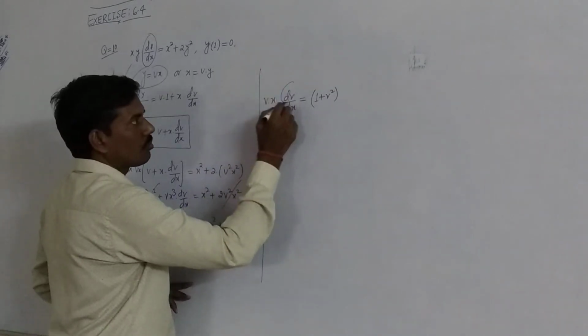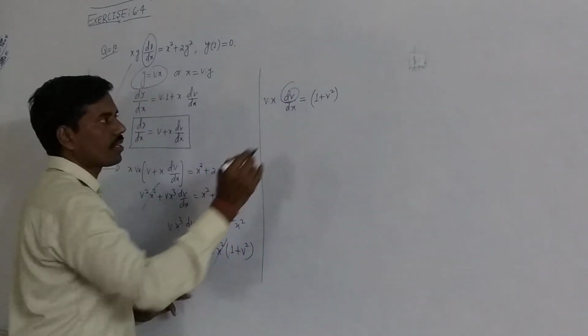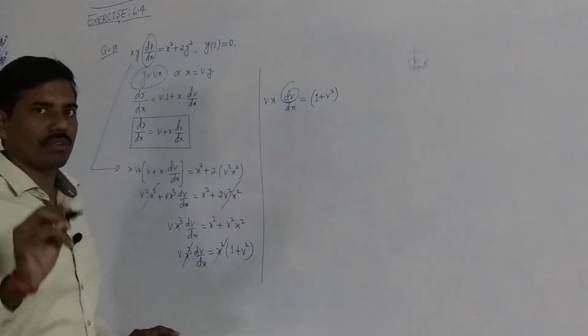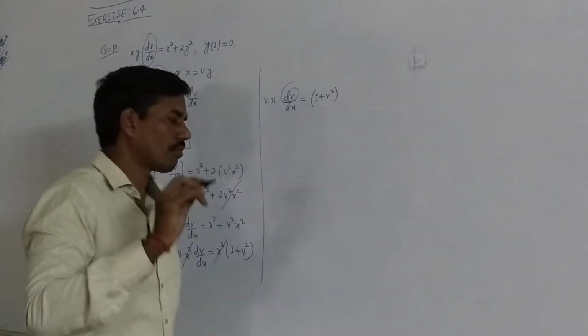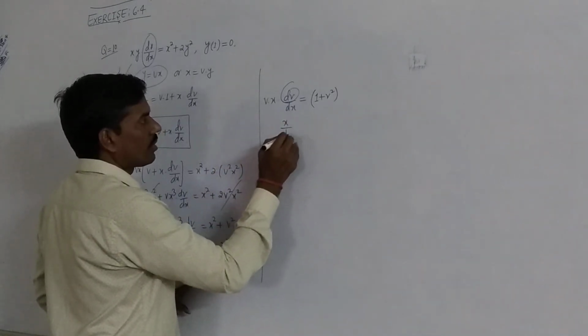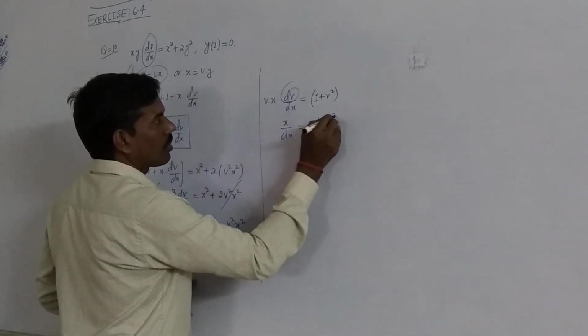And dv should be adjusted with the functions of v, that is variable separable form, using variable separable form. So dx upon x is equal to v into dv upon 1 plus v square.